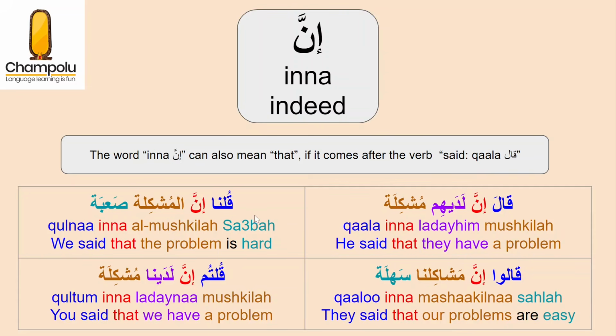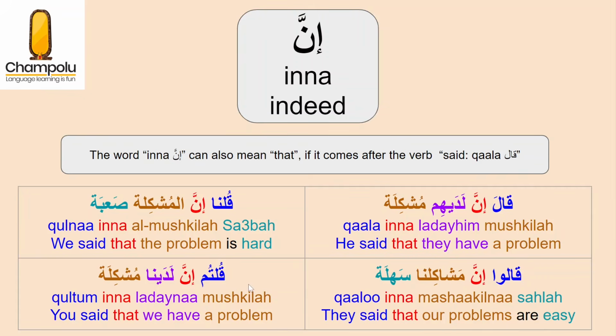And then we have a sentence such as قلنا إن المشكلة صعبة. We said that the problem is hard. And then another example, قالوا إن مشاكلنا سهلة. They said that our problems are easy.